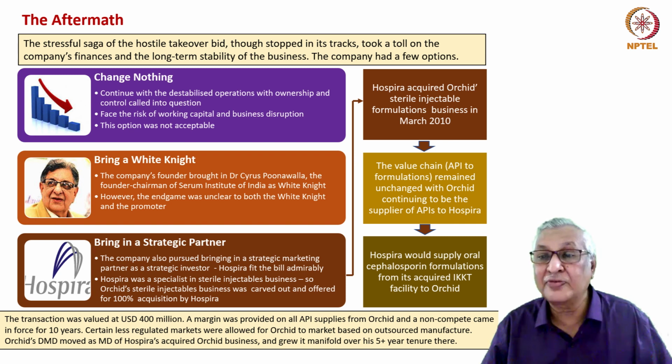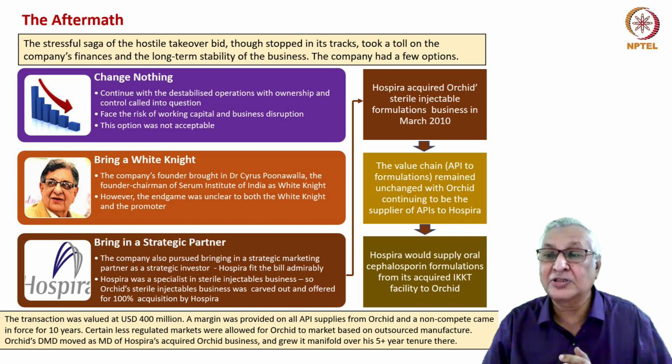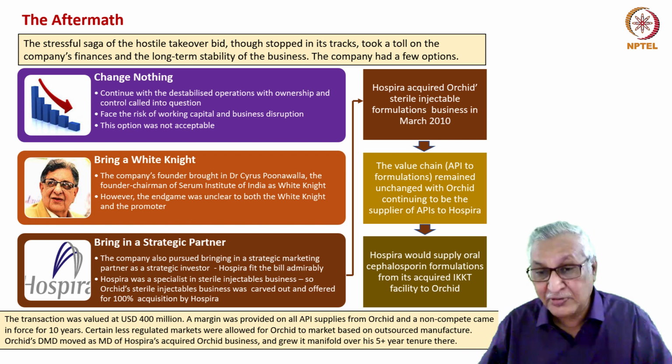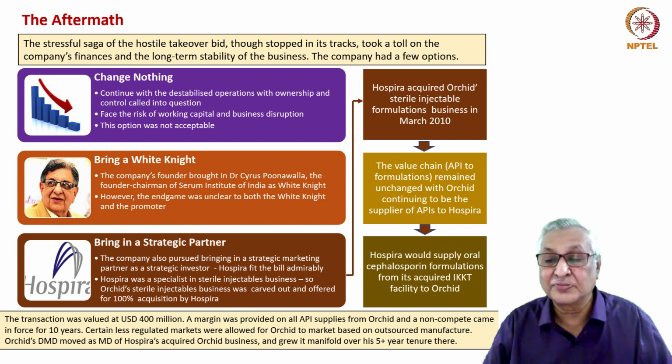So, what happened thereafter? Hospira acquired Orchid's sterile injectable formulations business in March 2010. The value chain, API to formulations, remained unchanged, with Orchid continuing to be the supplier of APIs to Hospira and continuing to do its formulations that were not covered by the carve out.